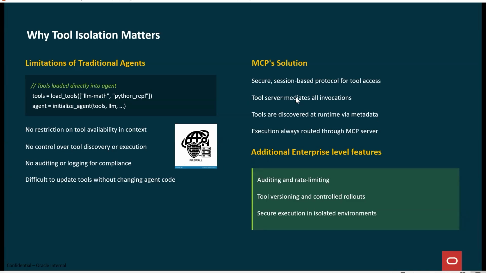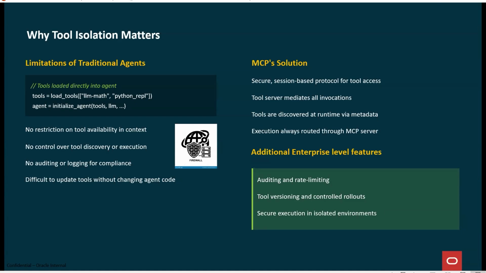And MCP solves this. You can see how it uses a secure session-based protocol for tool access. The tool server mediates all invocations, so the agent never calls the tool directly. Tools are discovered dynamically at runtime through metadata, and every execution is routed through the MCP server, giving you a consistent control pathway.